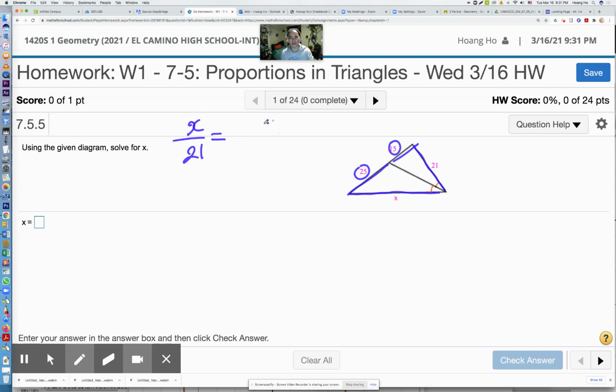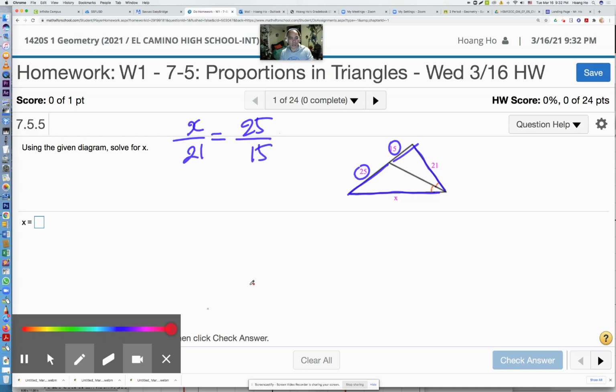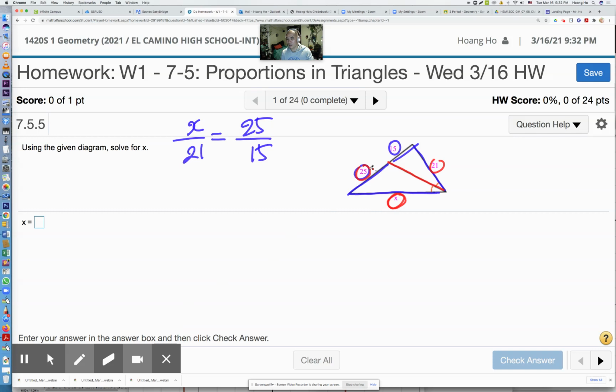The angle bisector divides the triangle into two halves over here. They're not equal; the two triangles are completely different. But if you set up the proportion x over 21 from one triangle, it equals 25 over 15.